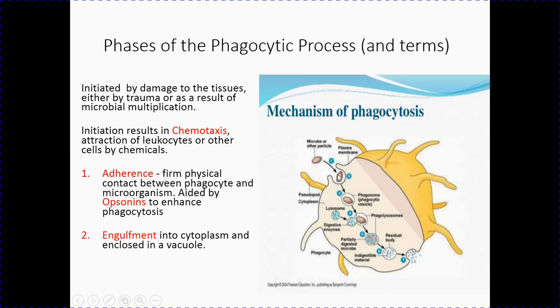Once it adheres, it starts to be engulfed into the cytoplasm. The phagocyte closes its cytoplasm around the microbe and encloses it in a small vacuole that we term a phagosome. In this picture they also called it a phagocytic vesicle, but we like to think of it as a phagosome.